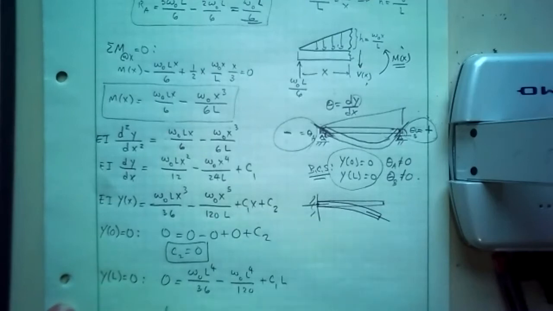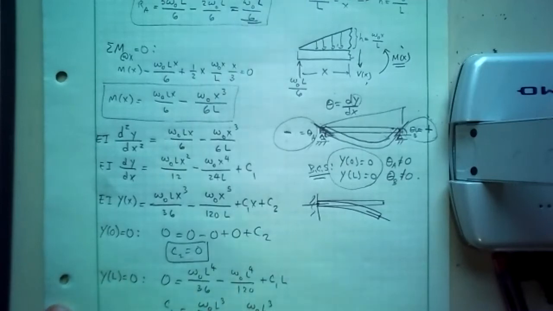So I get C1 is equal to W naught L cubed over 120 minus W naught L cubed over 36. I took these to the other side, and divide everything by L, so it'd be L cubed on both. And then common denominator, it's a 360, I think.